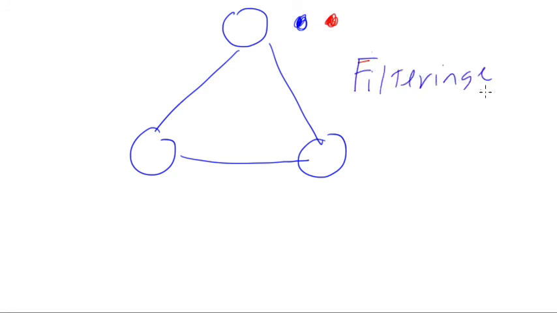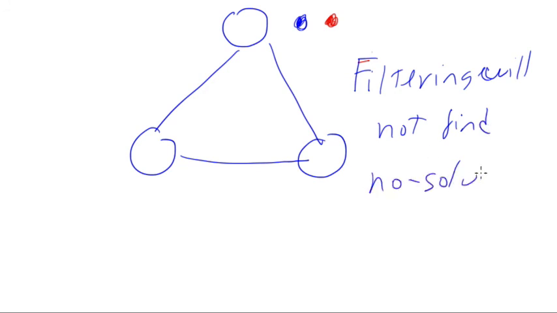So the filtering algorithm will not find no solution. It does not tell us there is no solution possible in this example, and in similar other examples. So that's another problem, right? Sometimes it will tell us there is no solution, but sometimes there is no solution and filtering does not tell us that, which is a problem.